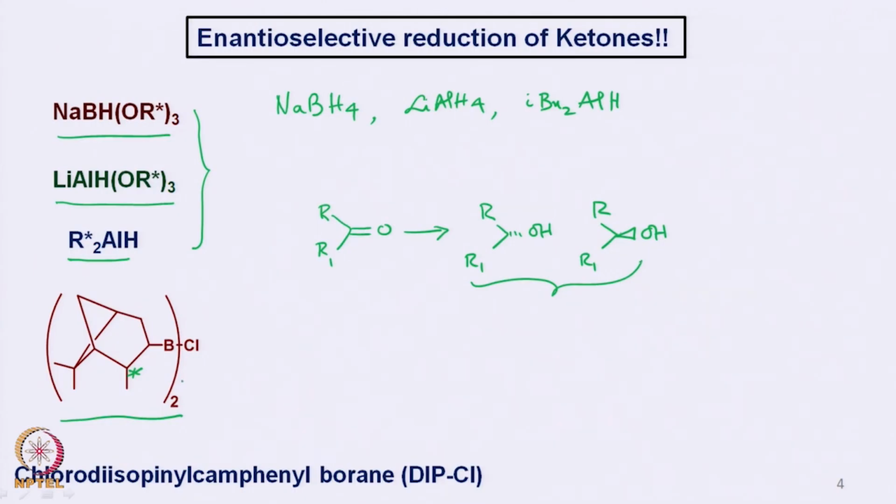In this particular case, when this boron attaches to the ketone, which is a prochiral ketone, you have this coordination like this, and it is attached to the part which is shown here. So, we have this part which is here, and this part is essentially this part.